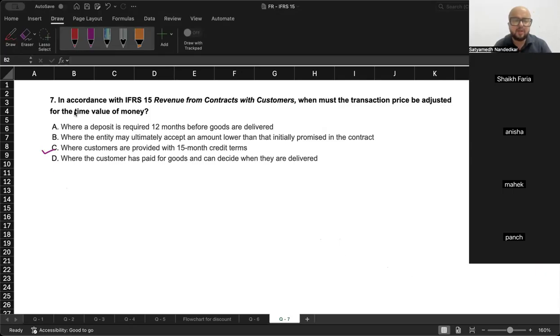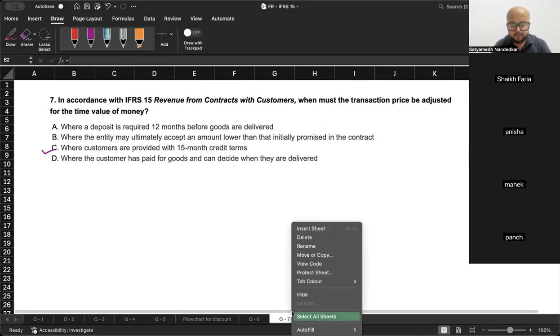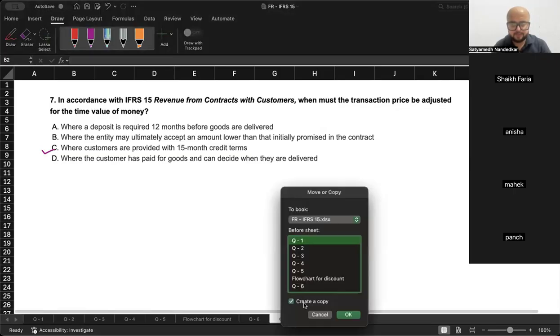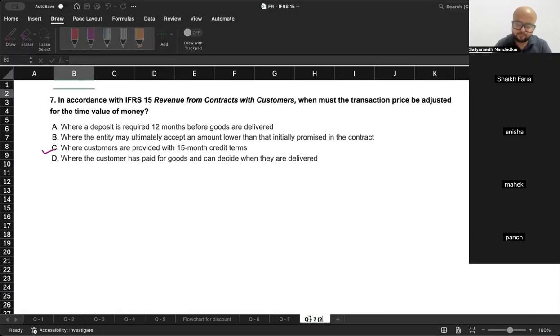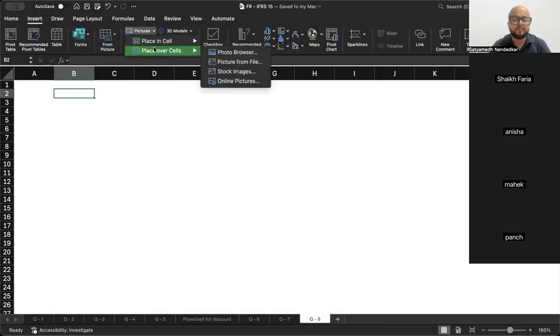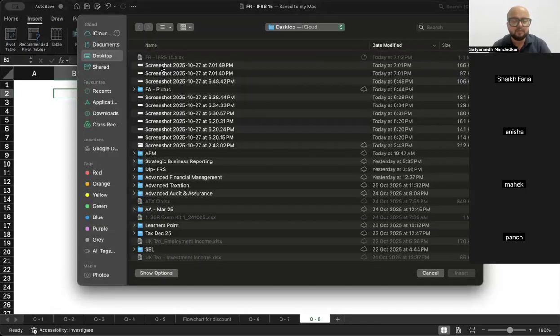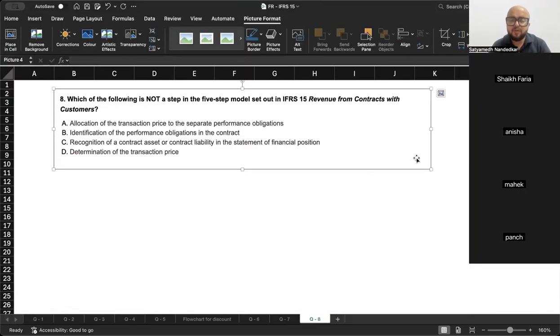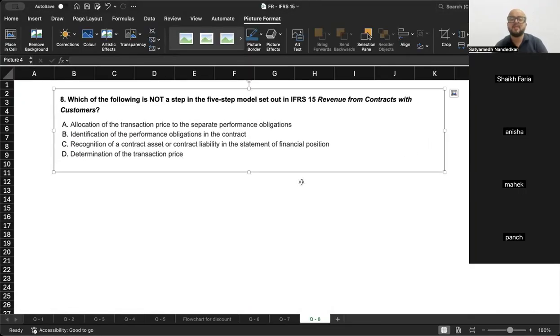ठीक है, एक और थियोरी टाइप क्वेश्चन देखते हैं अभी. Which of the following is not a step in the 5-step model set out in IFRS 15?